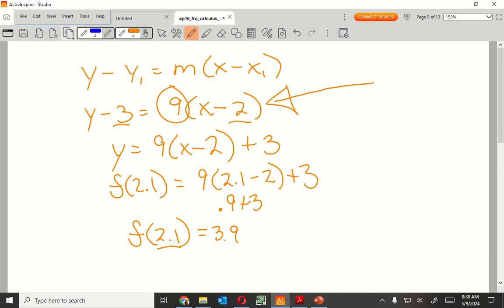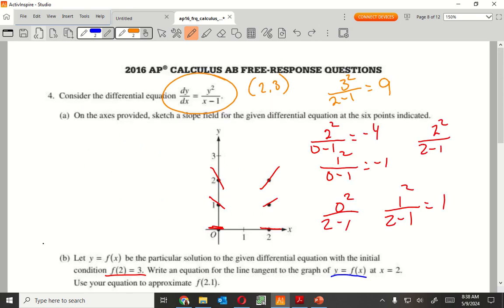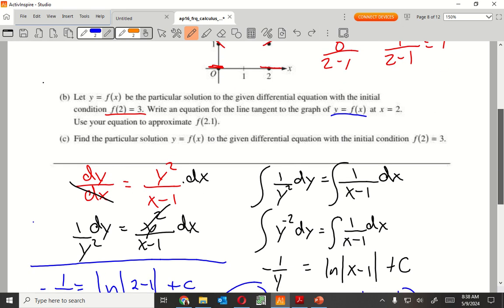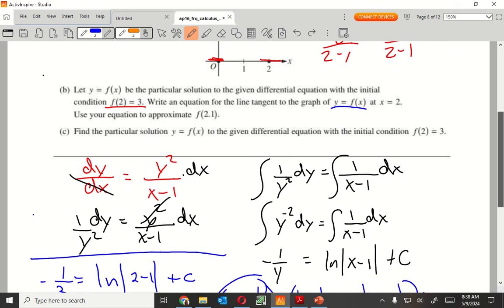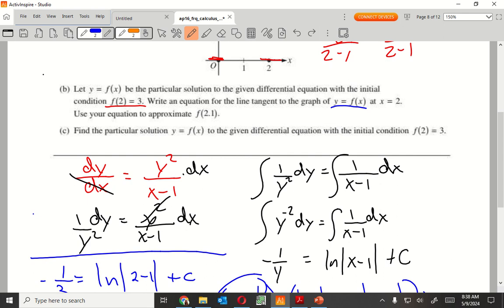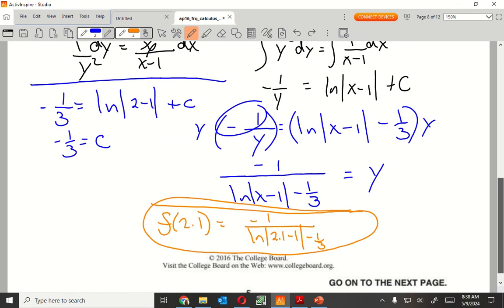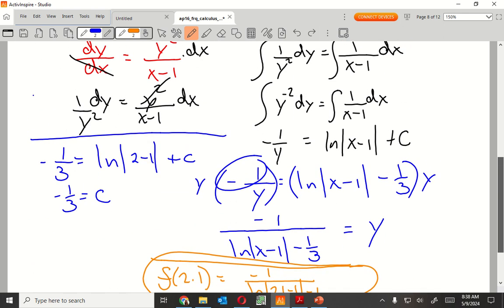And was that the last part? No, there's like a C. Unless we already found the C. Hold on, let me see. Find the particular. Oh! I did them out of order. So my particular solution is here.